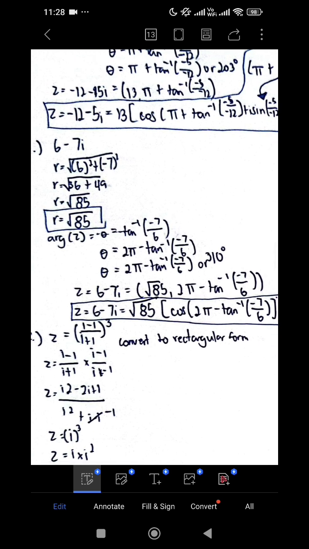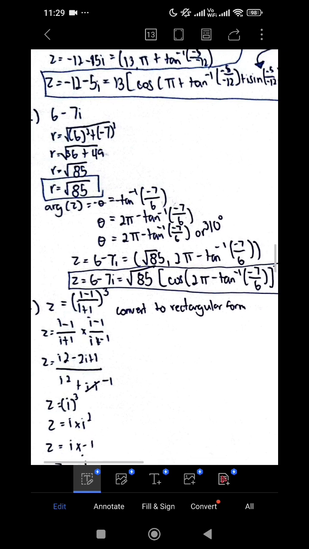Arg z is equal to theta equal to tan raised to negative 1 of negative 7 over 6. Theta is equal to 2 pi minus tangent raised to negative 1, parenthesis negative 7 over 6, or simply 310 degrees.